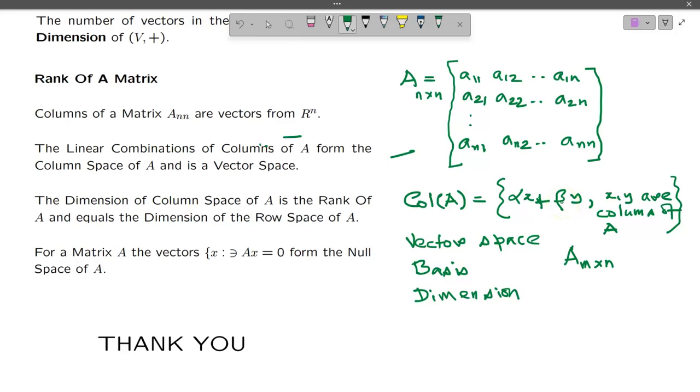But one can prove that the rank of A is the dimension of the column space of A. So we define the rank of A as the dimension of the row space of A, or the column space, whatever you say.